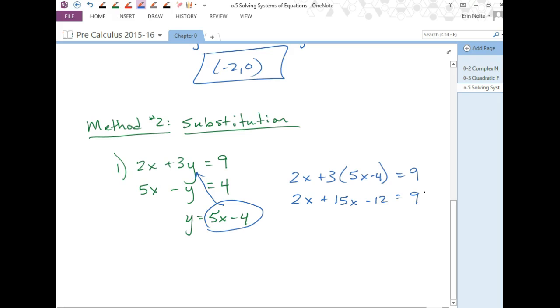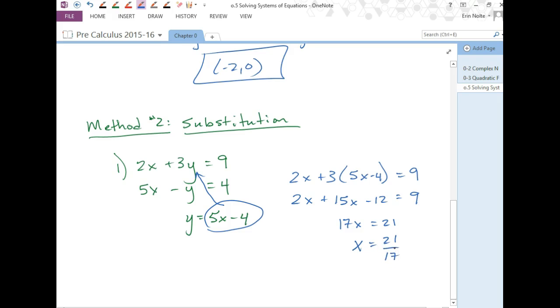Can I go ahead and add my like terms on the left-hand side and also add 12 in one step? Everybody okay with that? So I would have 2x plus 15x to make 17x. And then if I add 12 to 9, what's 9 plus 12? 21. Okay, so I got an x value of 21/17.